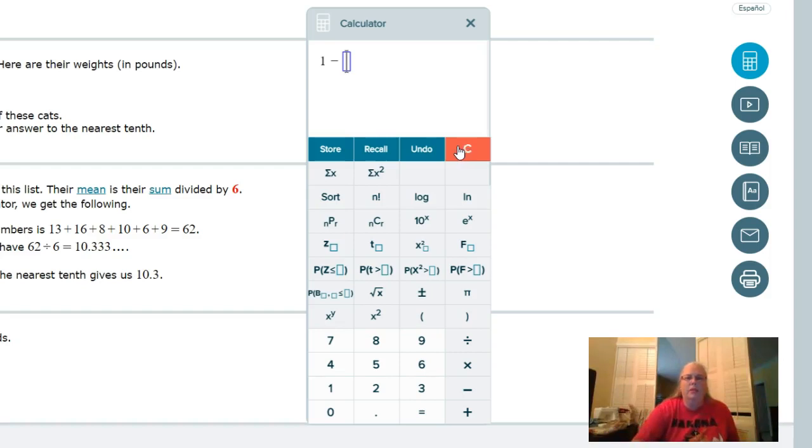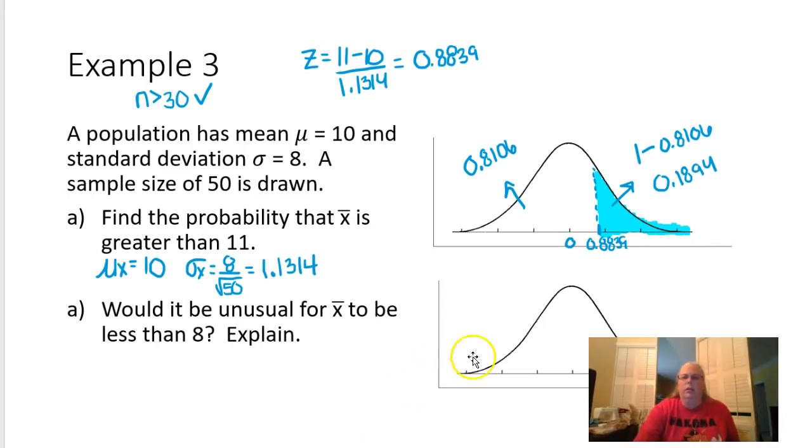So 1 minus the probability of 0.8839. And that's going to give me 0.1884. And we got 0.1894. So they were kind of close. They were off by, you know, a thousandth of a point there.